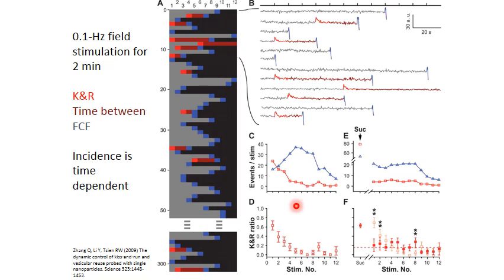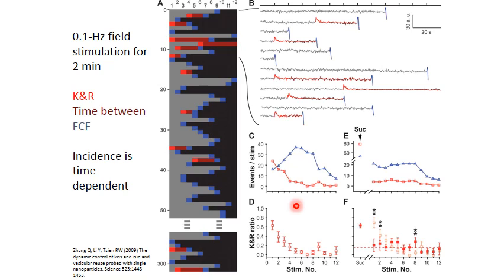So we call those vesicles which are sitting there waiting for a stimulus the readily releasable pool. And high concentrations of sucrose for short periods of time, on the order of seconds, will osmotically force release of the contents from the readily releasable pool.